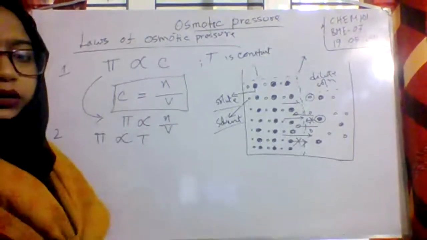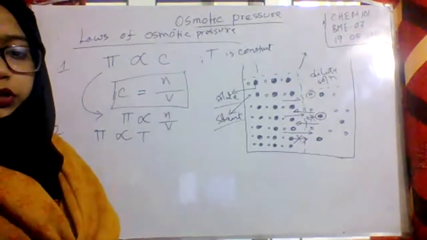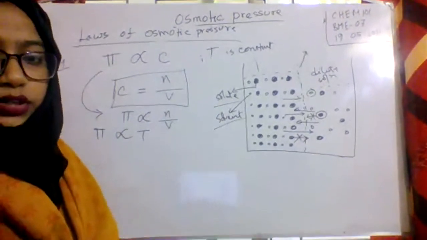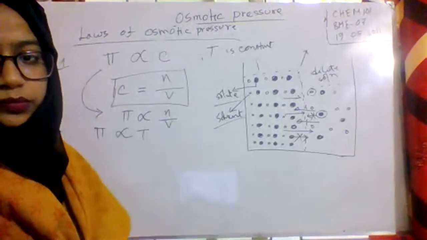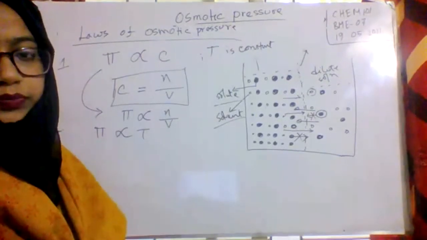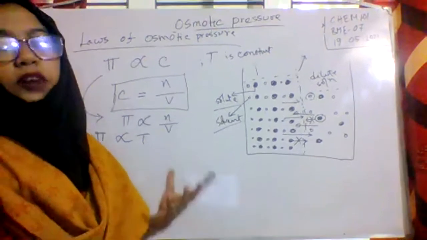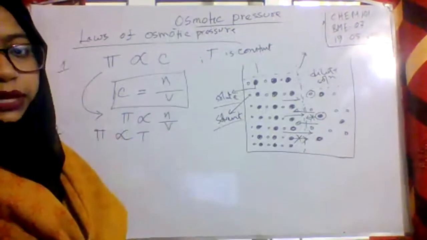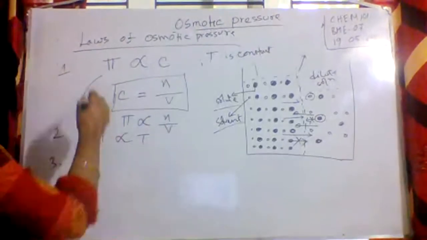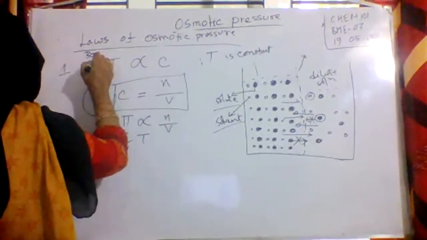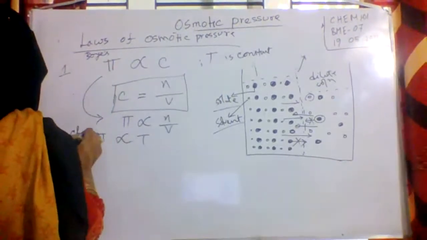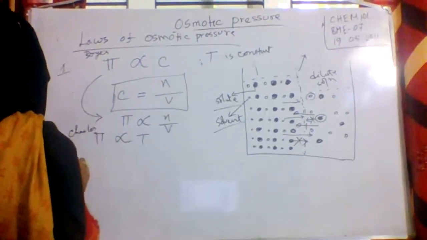Osmotic pressure is inversely proportional to the volume containing 1 mole of solute. That's the Van't Hoff equation. The Van't Hoff equation follows the Gauss equation, the Charles equation, and the Van't Hoff.